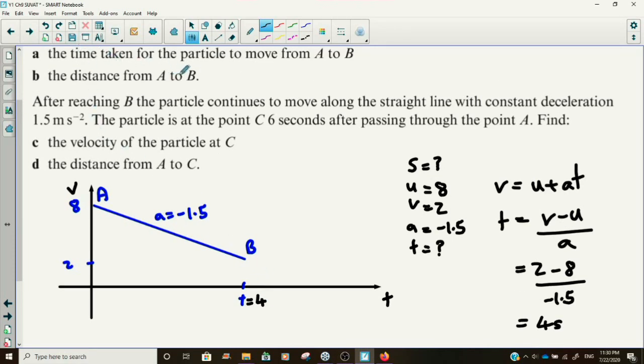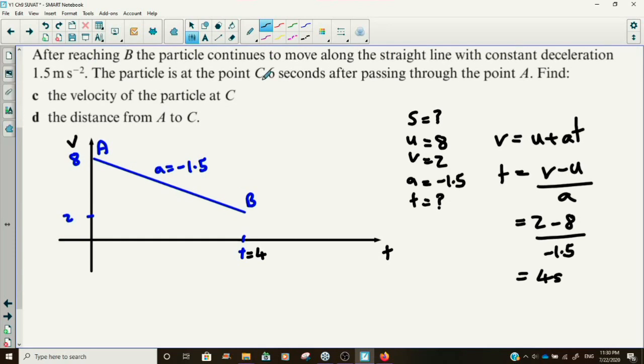Part B, the distance from A to B, well, that's just the area under this graph here. So area under that blue line. And let's just label that as A. Part B. So we want to use S equals a half u plus v times t.